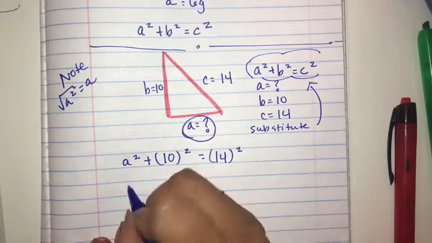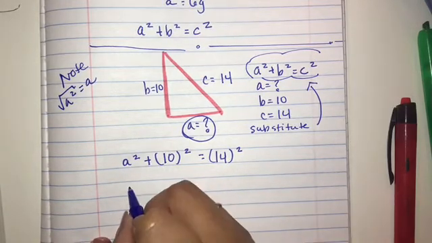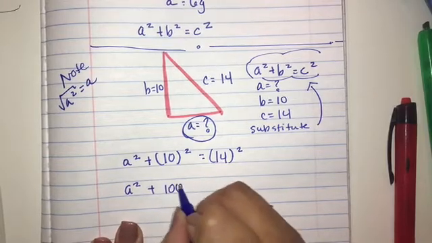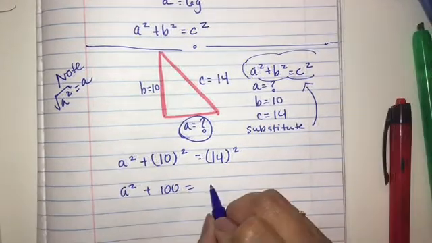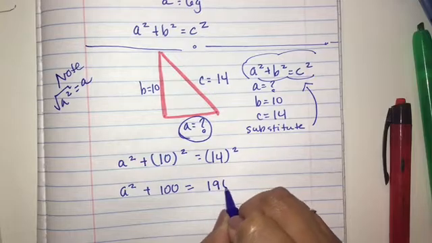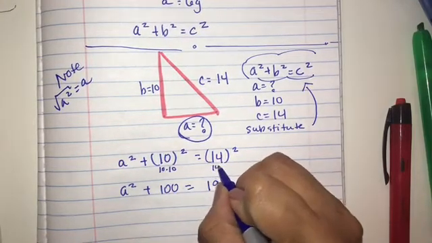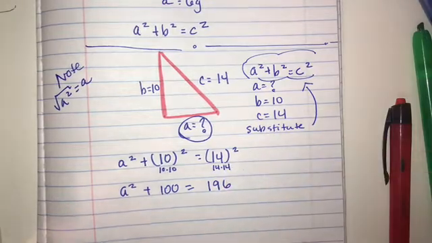So I'm going to just go ahead and mess with this. I'm going to have a squared plus 100 equals 14 squared, which is going to be 196. So remember that this is 10 times 10, and this is 14 times 14.